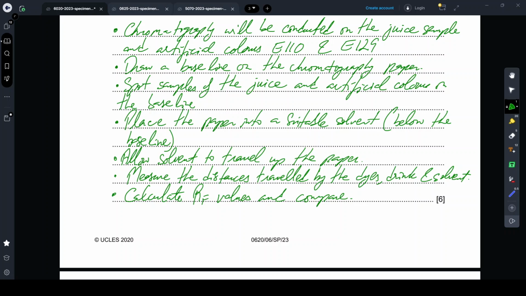So you need to know chapter 14 for paper 6, or paper 4 in case of O level. You need to know chapter 14. We can put that to rest.